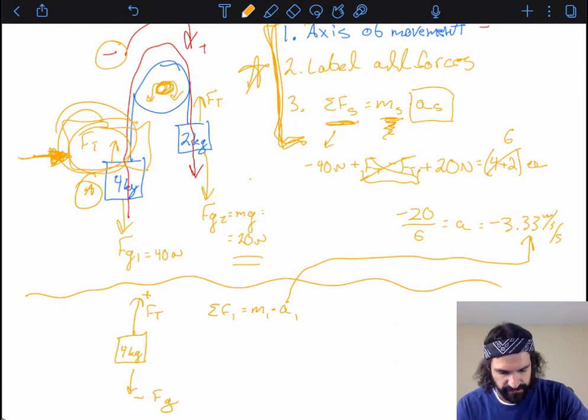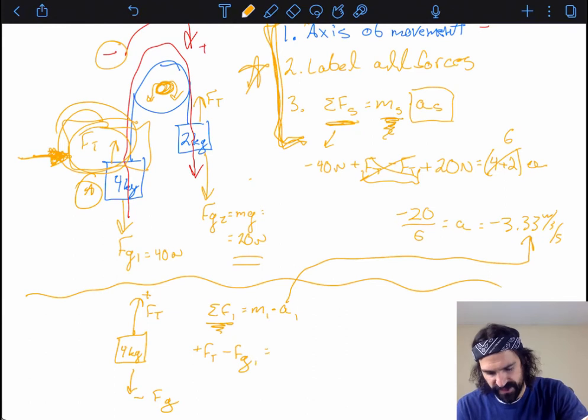Well, in this case, we're going to just plug everything in. Net force is the sum of all forces, so we have positive tension minus the weight equals M1A, which is 4 times negative 3.33.